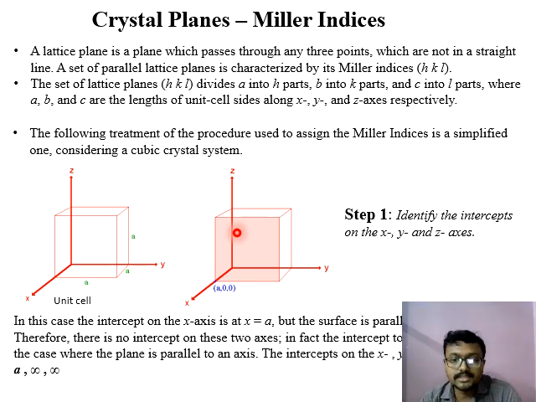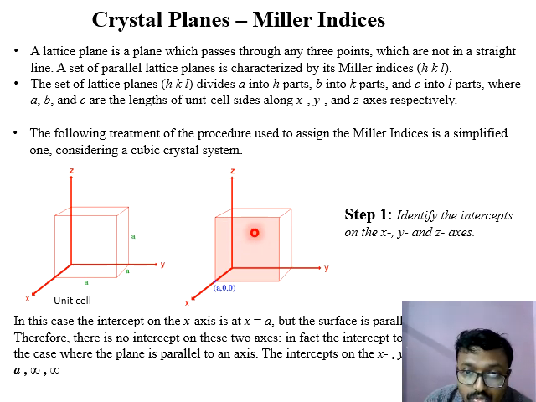To get the Miller indices, the first step is to identify the intercepts on the x, y, and z axes. Say this is the shaded pink plane, right? Let's say this is one plane. What will be the name of this plane? The name of this plane will be indicated by Miller indices, that is hkl, right? So how will we get the values of hkl?